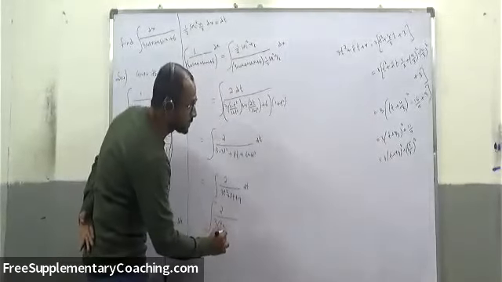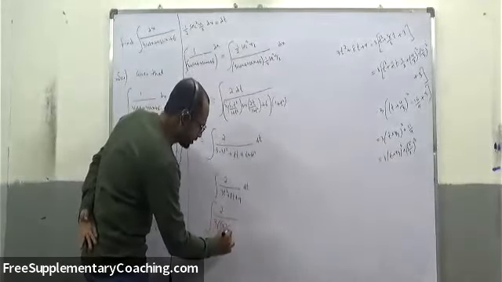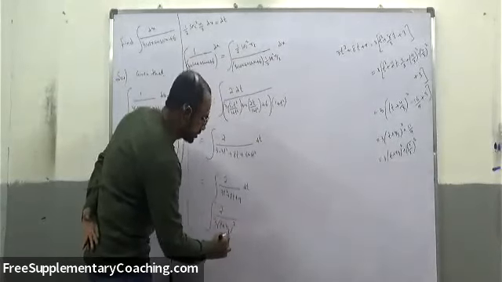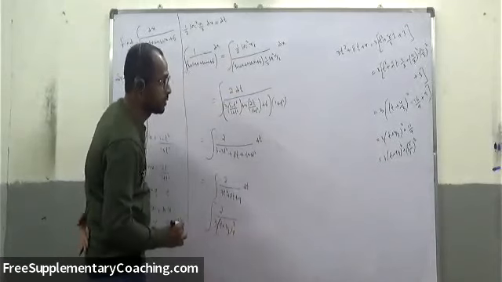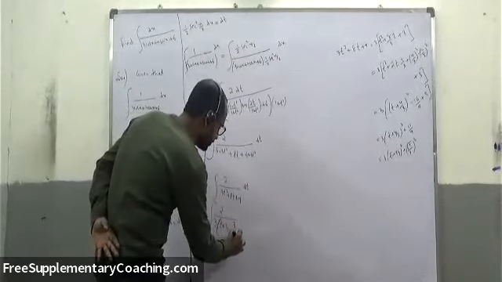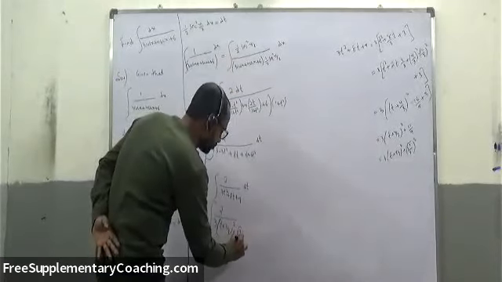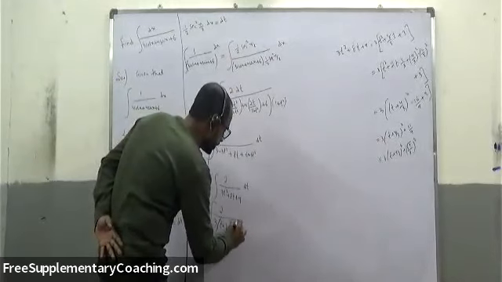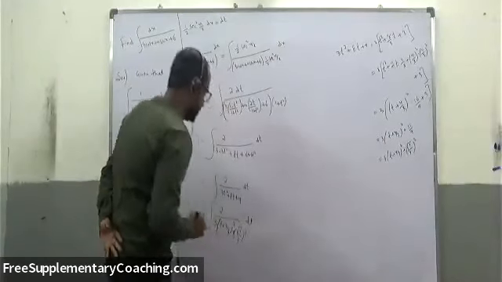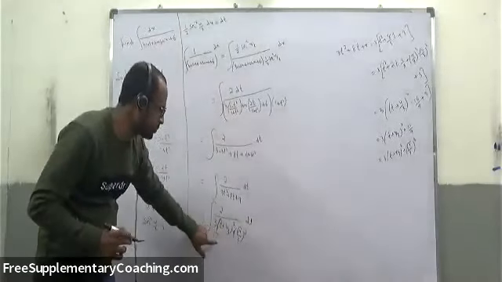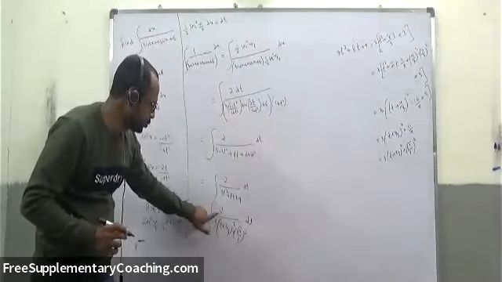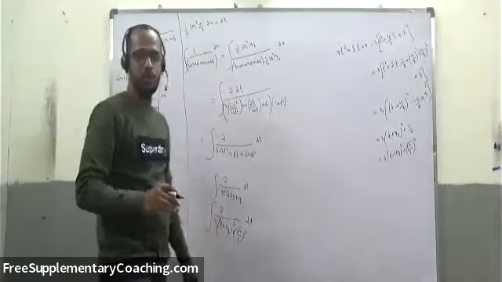t plus 4 by 3 square plus, take a big bracket because this 3 is for all, plus root 11 by 3 square into dt. Okay. These 3 are for the entire bracket. Okay. These 2 by 3 take out.